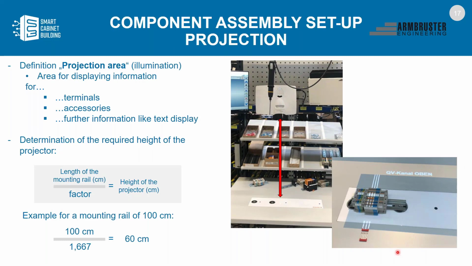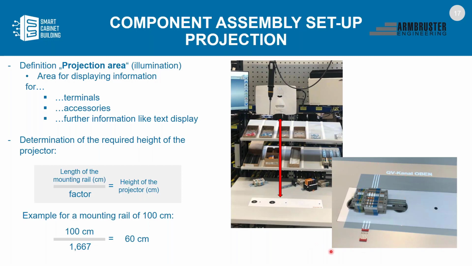So coming up to the topic of the projector system, as I told you, we often have to give the employees the information where to put a component or where to place these bridges to connect different clamps. And this is solved with a projector that displays the information directly onto the product.